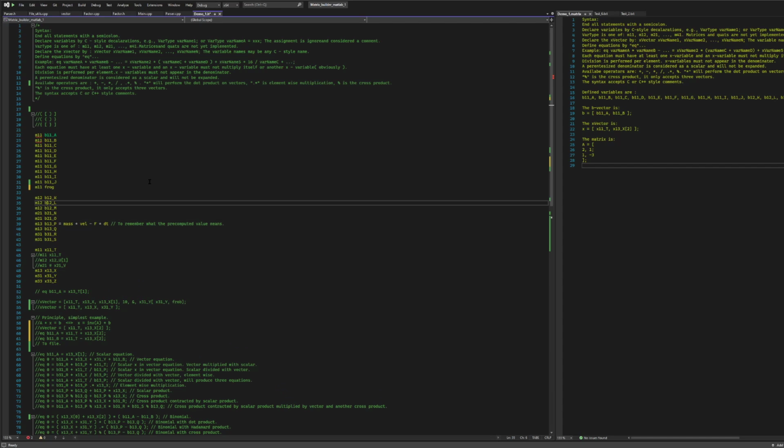And these numbers are the dimensions of the variable. So 1, 1 means it's a scalar. This is 1, 2, so this means it has 1 row and 2 columns. This is 3 rows and 1 column.